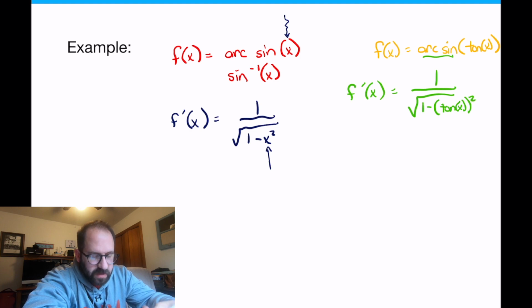And then, since this thing was complicated, we'd have to multiply by whatever's inside the parenthesis and its derivative. So what is the derivative of the inside right here? What is the derivative of tangent? We talked about that one earlier. Yeah, 1 over cosine squared.